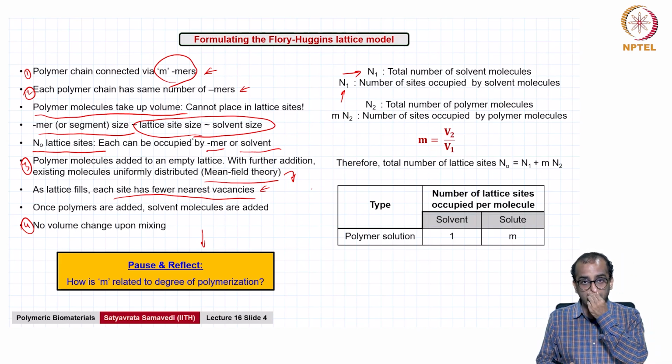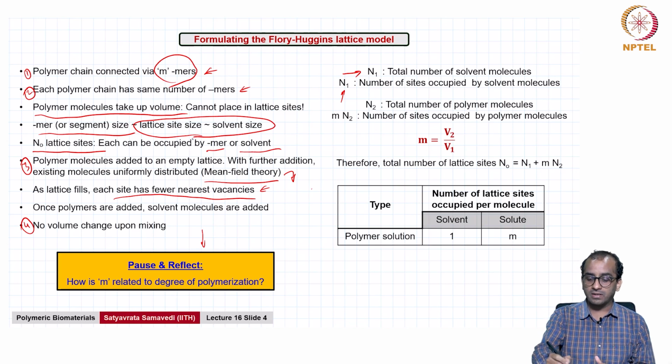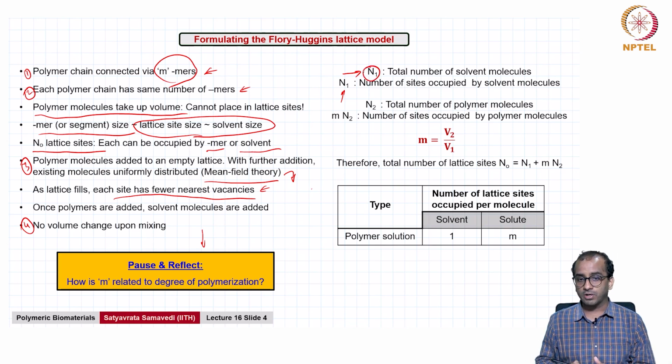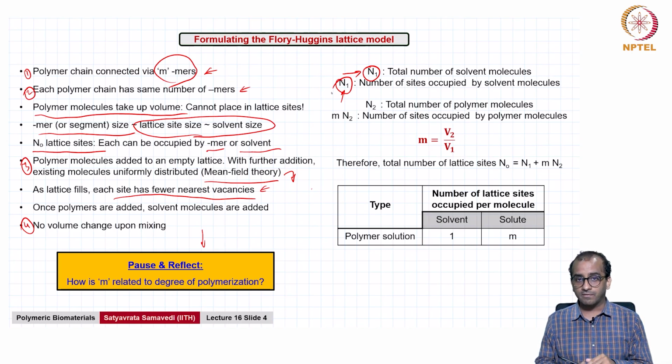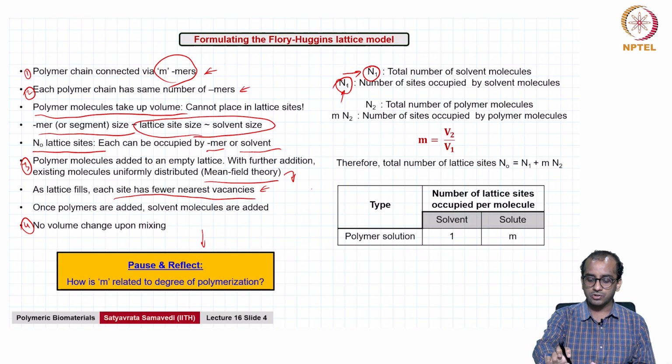That means there is a direct one-to-one correspondence between the number of solvent molecules and the number of sites occupied by the solvent molecules. So far, so good. We have not seen anything different from what we have seen for the ideal case of mixing of small molecules. Where the difference will come is for the solute.